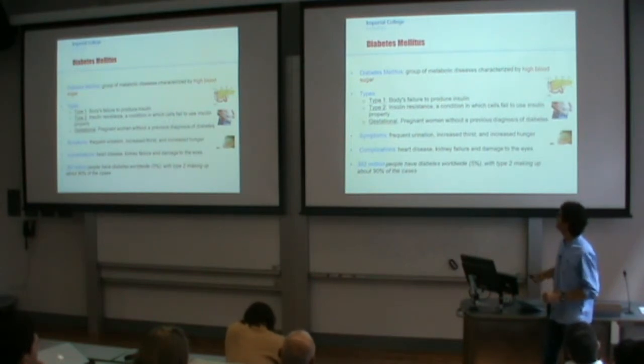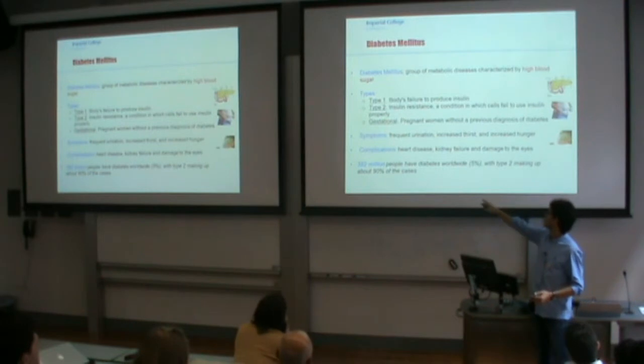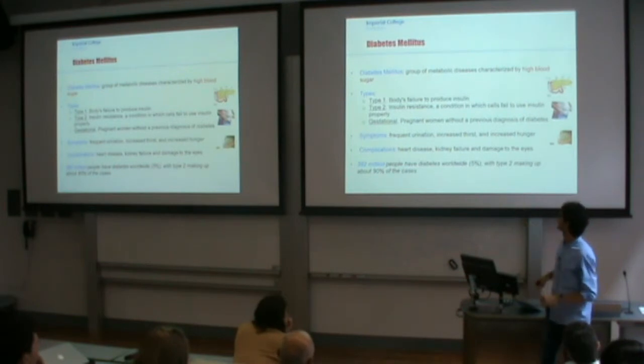Symptoms of diabetes: frequent urination, increased thirst, increased hunger, and that's the big problem. Complications: if you keep these blood glucose levels very high for a long time, then you can get really nasty complications like heart disease, kidney failure, and damage to the eyes.